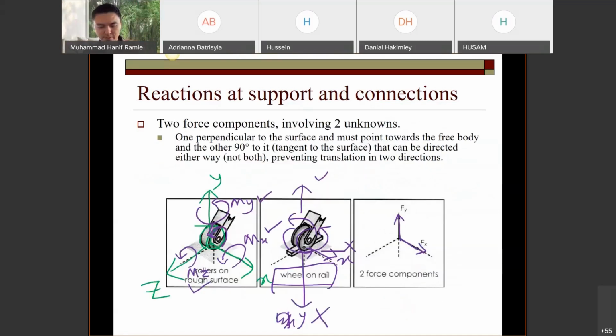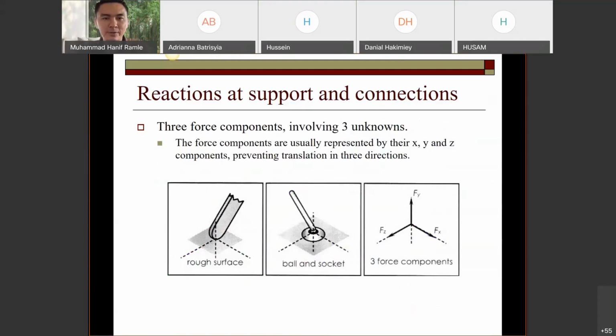But if the system is on a rough surface, meaning that we do have the reaction. So for a rough surface, of course, they cannot go in the X and Y direction.